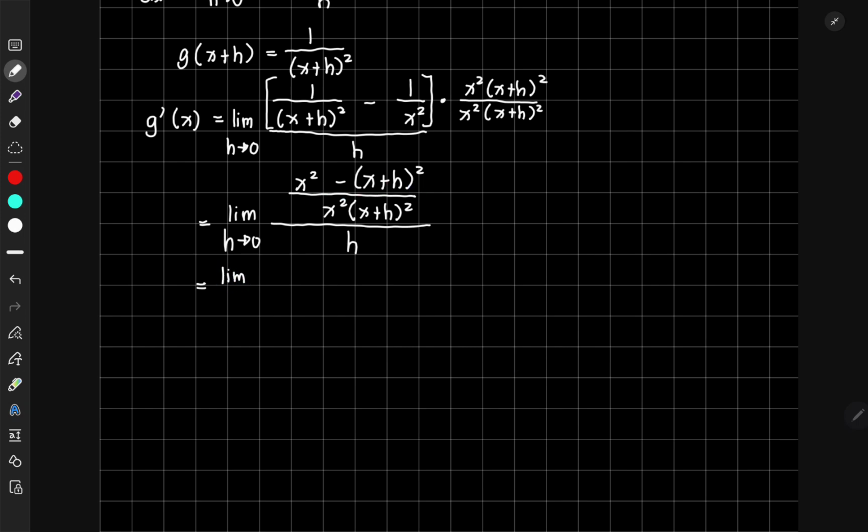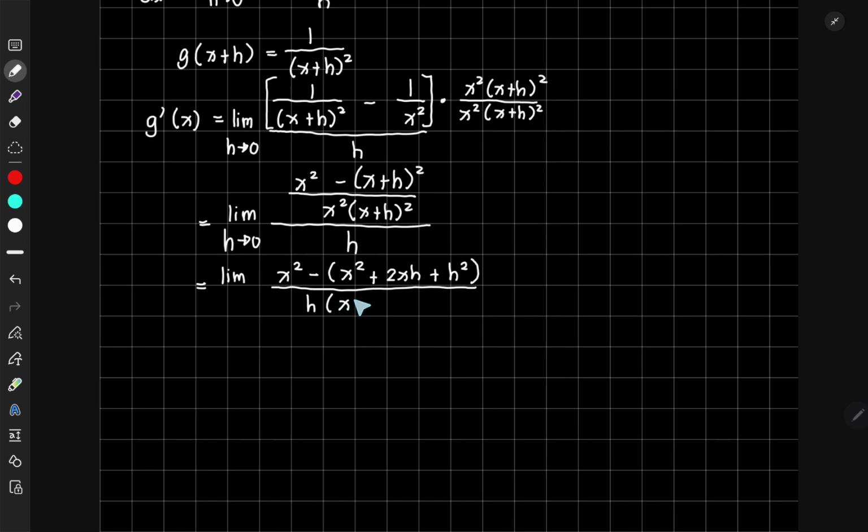So at the top, we will have x squared, then we expand x plus h squared, which is minus x squared plus x times h twice, plus h squared, all over h multiplied by x squared times x plus h squared.